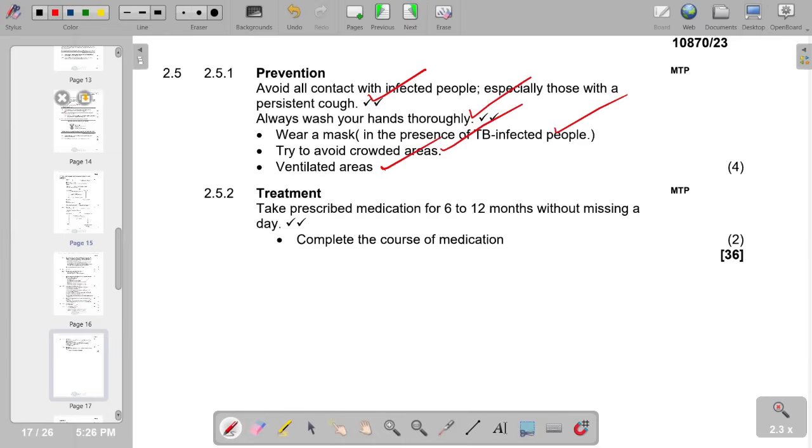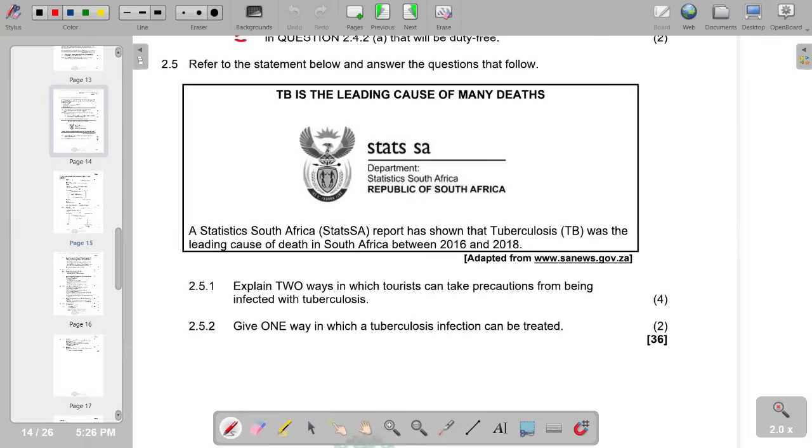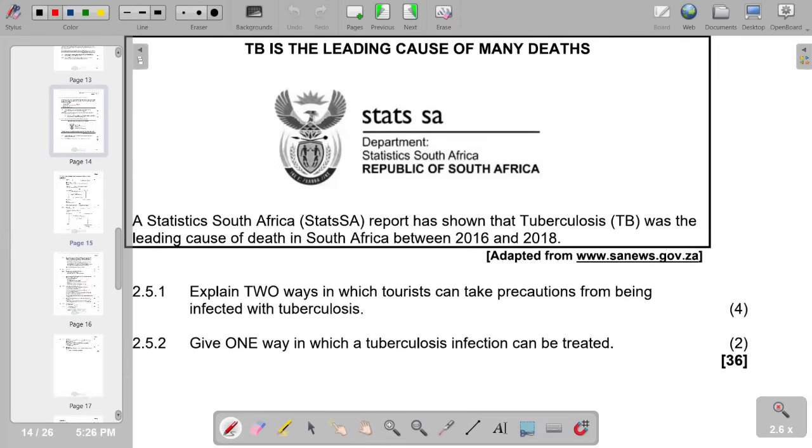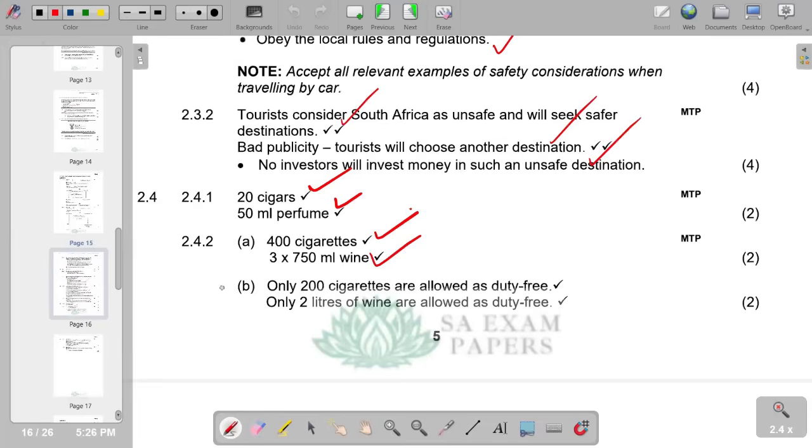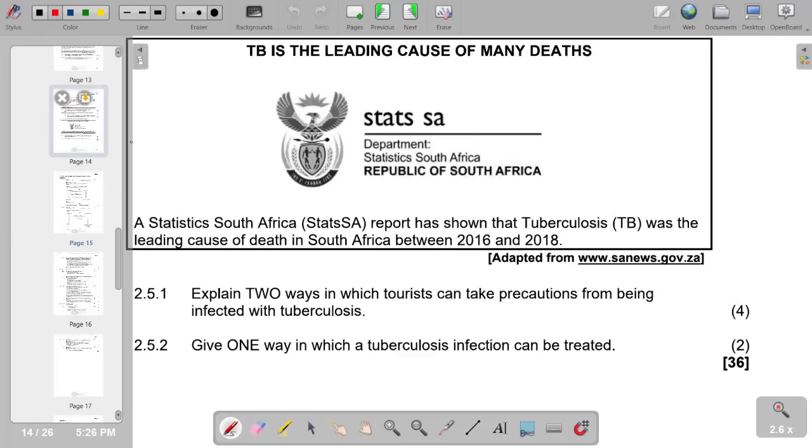Then next question, give one way in which tuberculosis infection can be treated. One way in which it can be treated. So in that case, we check according to the responses that we have. So one way it can be treated is to complete the course of medication. And also, you have to take prescribed medication for 6 to 12 months without missing a day.